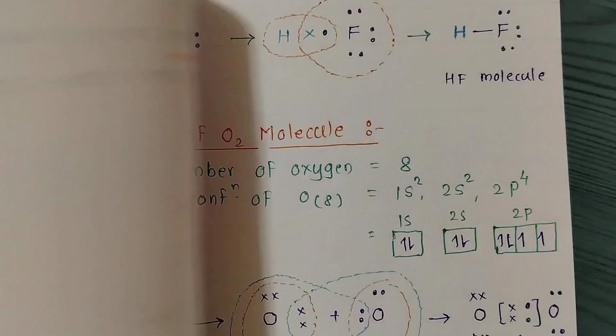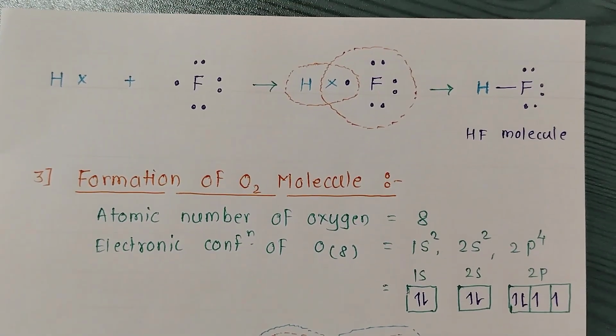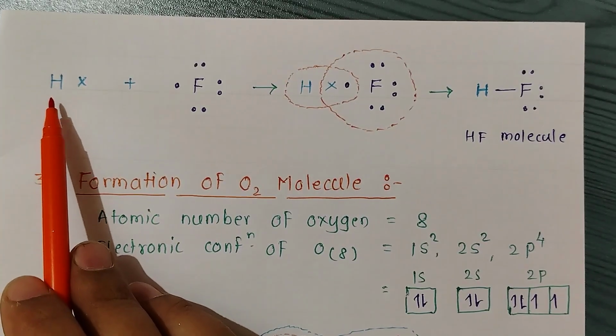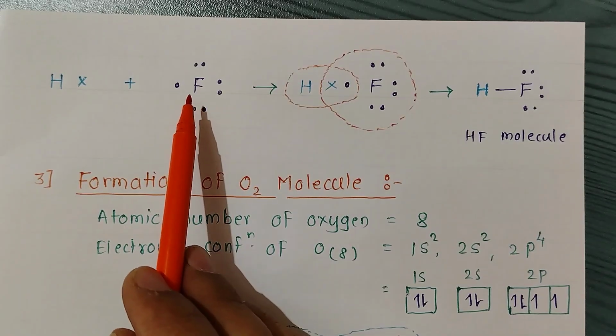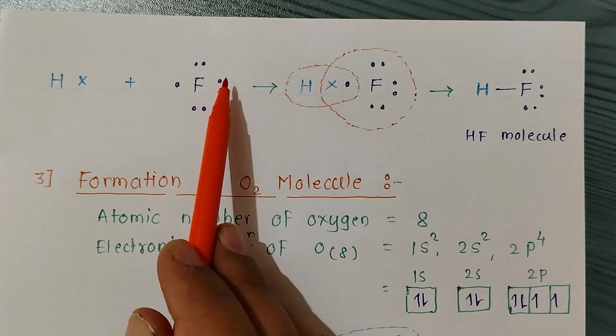Now we see how hydrogen and fluorine combine. As we know, hydrogen contains one electron and fluorine contains one unpaired electron, and here 3 paired electrons.